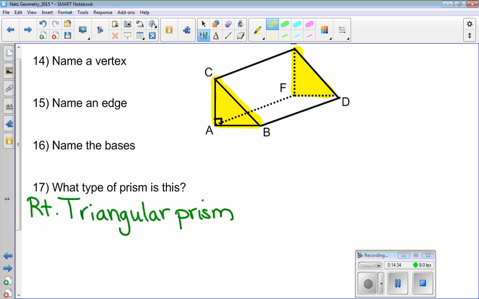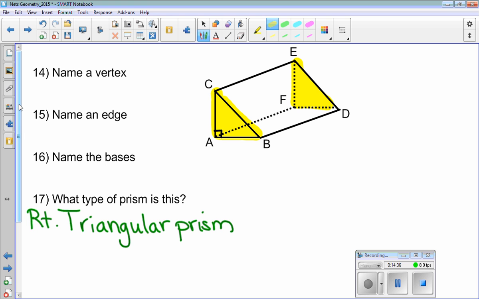If you look at this particular problem, could we name a vertex? How many vertices do you see? I see 6. Let's pick one. C, A, B, I don't care, any of the letters. C. Let's name an edge, specifically a lateral edge. How many points do I have to use to name it? 2. So CE is an edge.